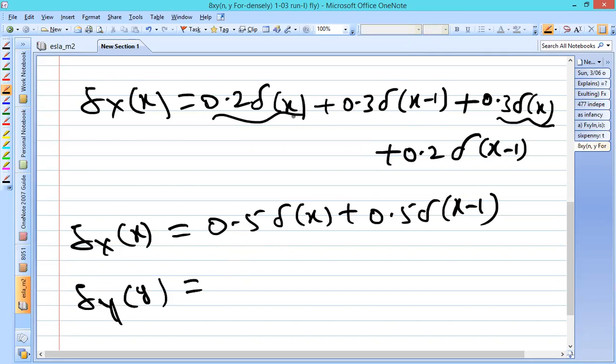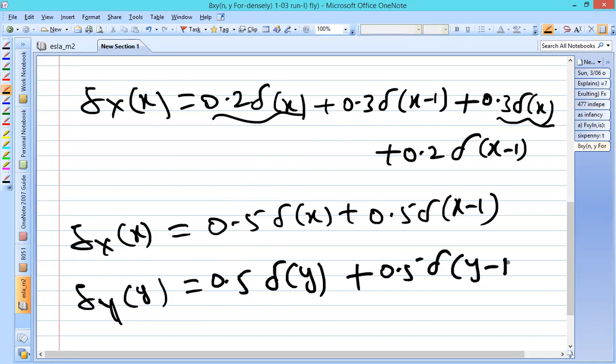All equations you have to write in terms of delta of y and delta of y minus 1. Anyone? 0.5 delta of y plus 0.5 delta of y minus 1. Yes, good. So this is the marginal PDF for the random variable y.